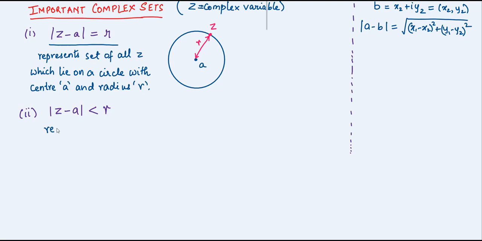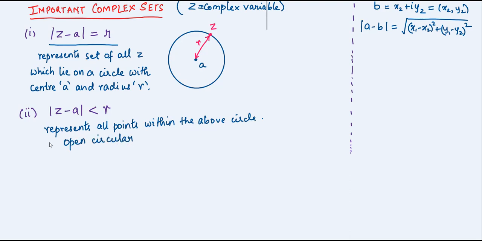Correct? This represents all points within the above circle. So this is called an open circular disk.